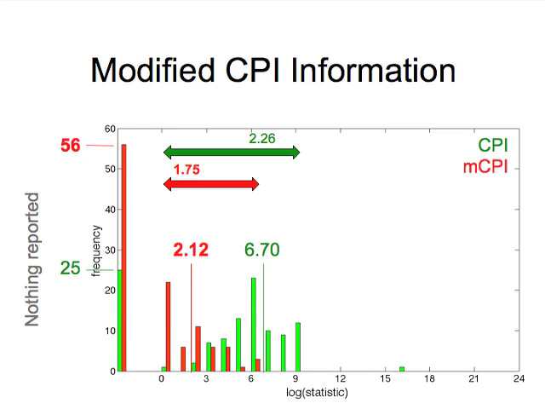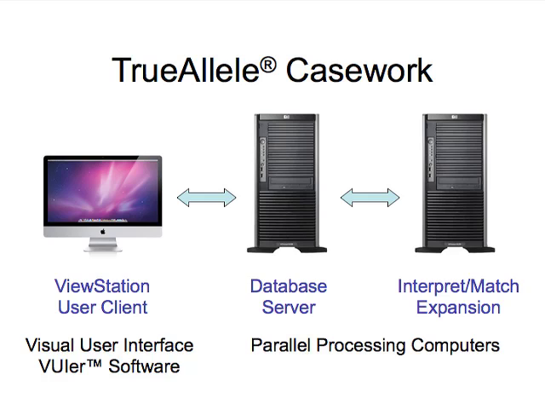Well, Virginia elected to do something else. One of the provisions of the SWGDAM guidelines in paragraph 3.2.2 is that a validated probabilistic genotyping method can be used. TrueAllele Casework is a probabilistic genotyping method where on the left people interact with their data and ask questions, upload data and questions to a central server computer shown in the middle.